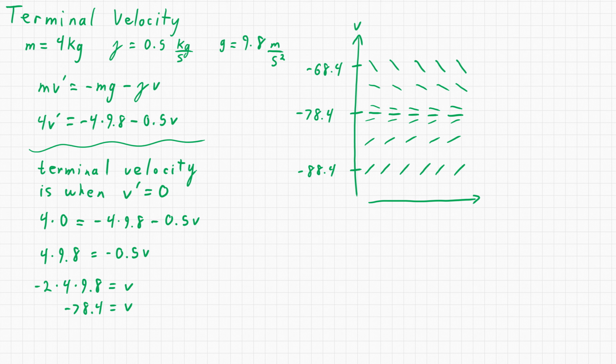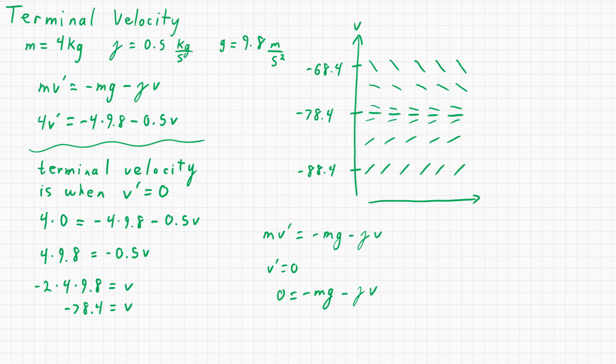One more thing is, it's a little annoying to compute these numbers all the time. We could have solved for the terminal velocity just with m, g, and gamma. So we have m times v prime is equal to negative mg minus gamma v. For terminal velocity, we have v prime equals 0. Then we end up with 0 equals negative mg minus gamma v.